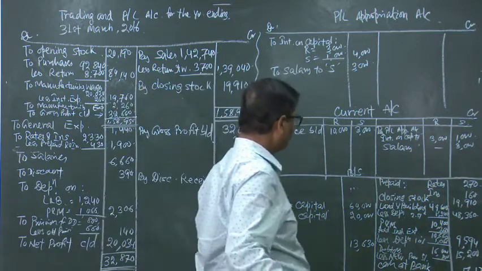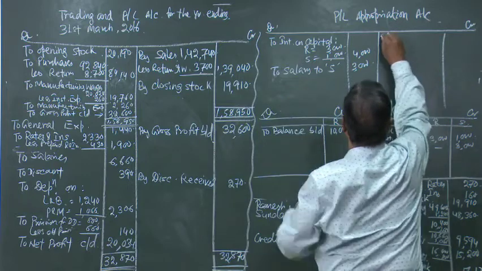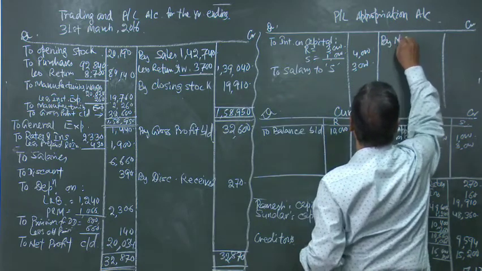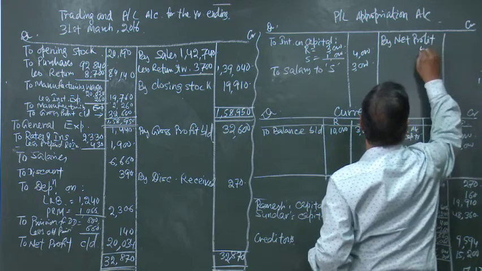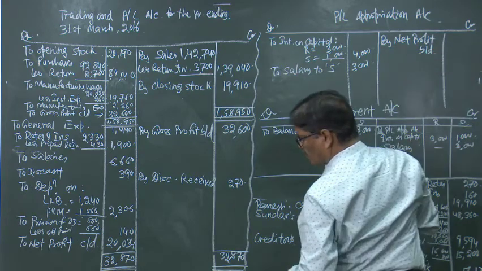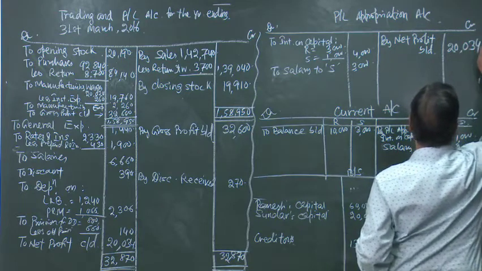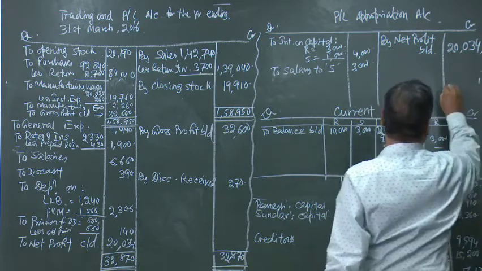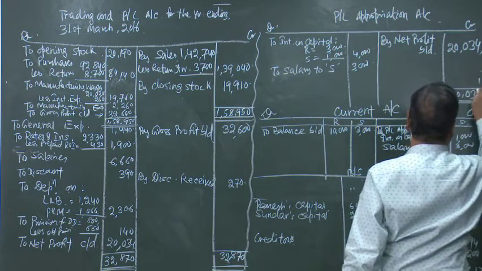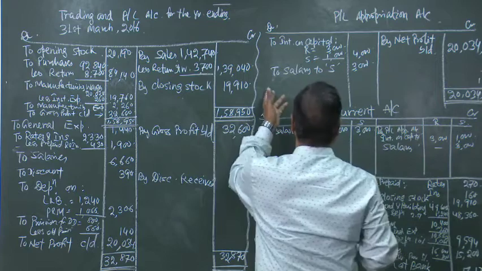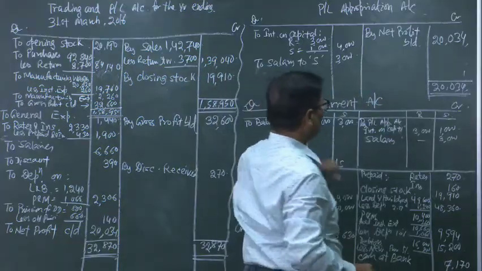Then this net profit will come to this place by net profit brought down 20,034. The total this way is coming to 20,034, and this profit will be determined by deducting 7,000 from this.